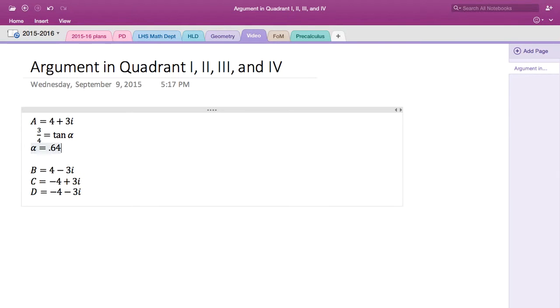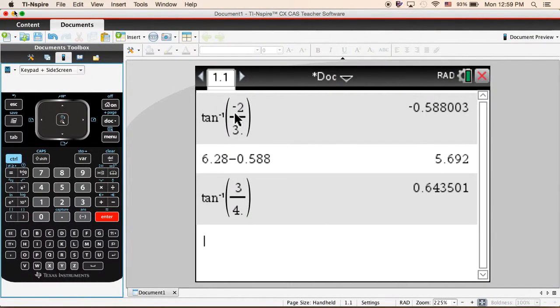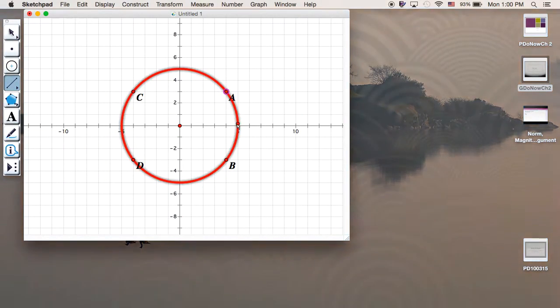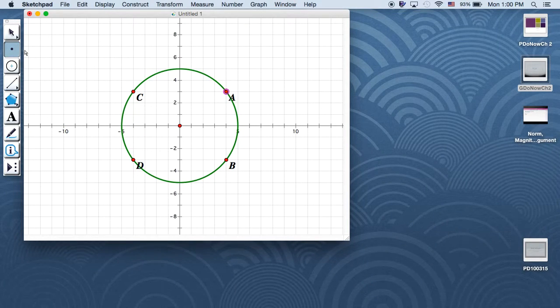So the distance from the starting point right here to travel to point A is the arc length, or you've got to travel 0.64 mile to get to point A, right?